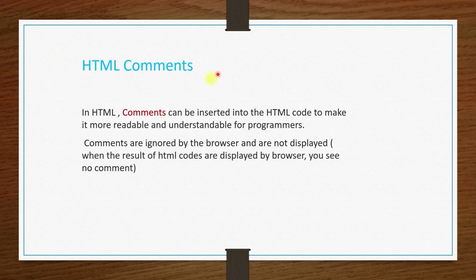And that message is what? A comment. For example, that programmer says, this part is the part of, I don't know, advertising. This part is the part of a form. This part is the part of the footer. This part is the part that should be animated. This part is the part that should not be animated, and stuff like that. So the first programmer puts comments or messages in the code, and then gives it to the second programmer.